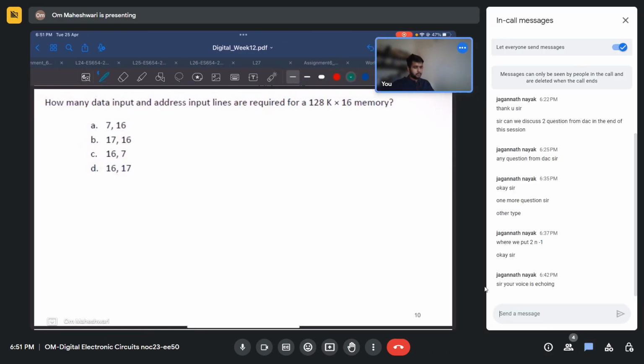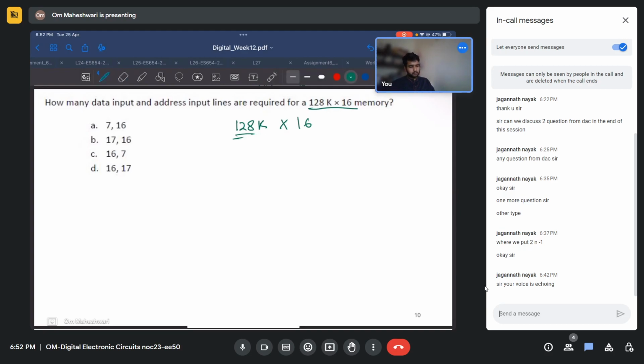So anyway, let us try this. We have 128K cross 16. What does this mean? 128K is 2 to the power 7, and K means 2 to the power 10.